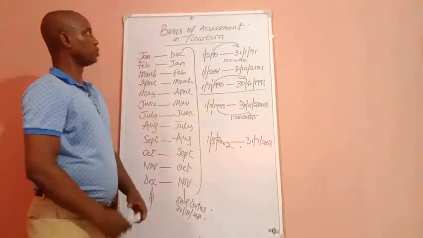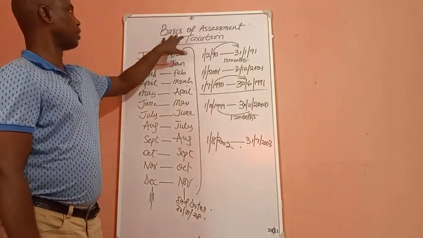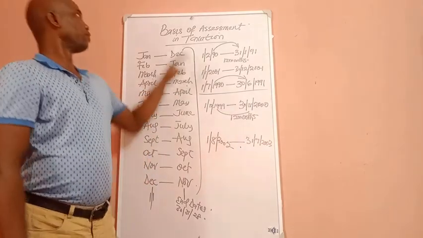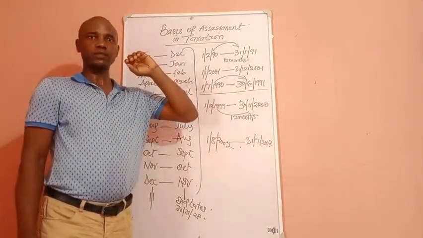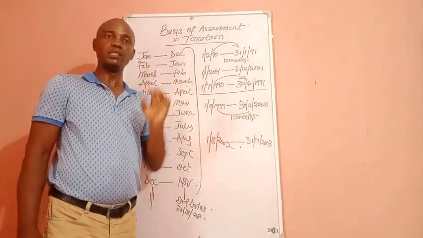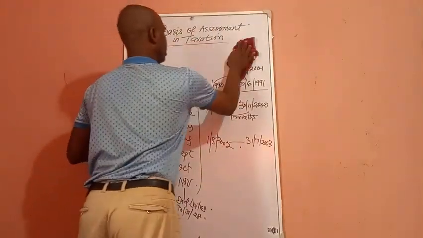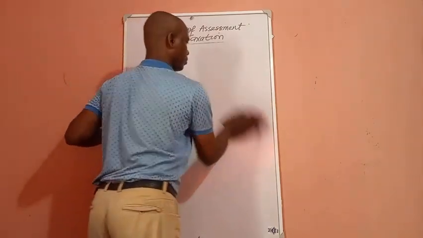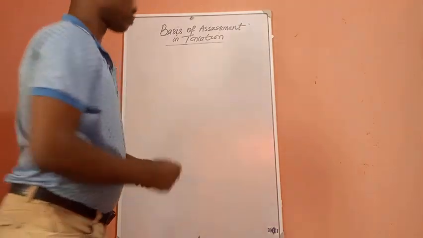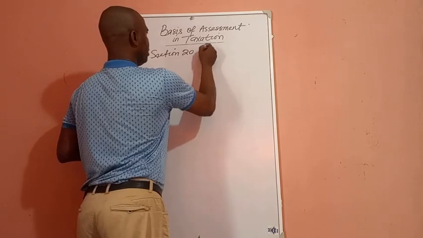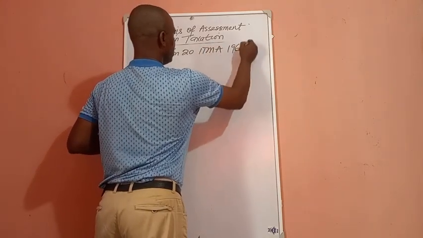Now at this point, I'm going to take you back again to the rules and regulations under the basis of assessment. But before we talk about this, I want you to know that basis of assessment is talked about under section 20 of ICMA 1961.